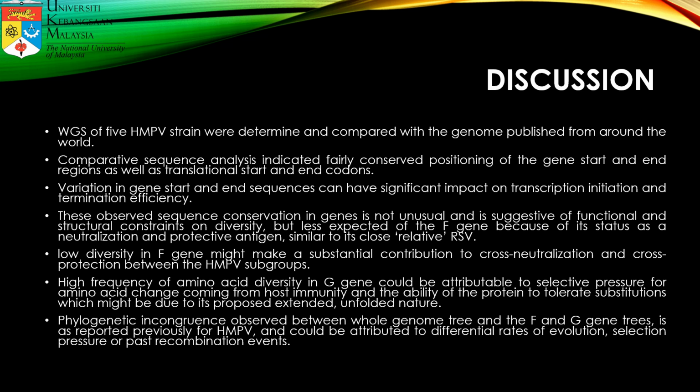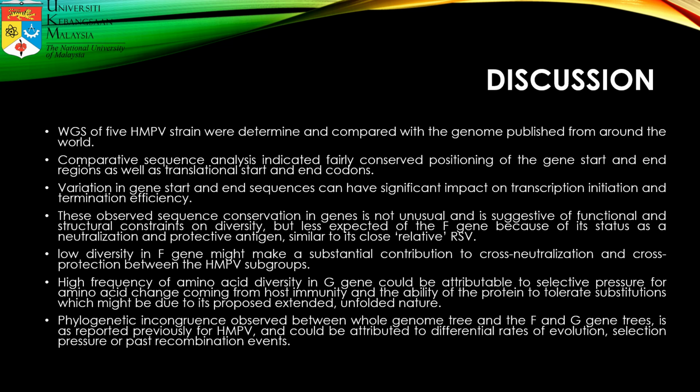The observed sequence conservation in the gene is notable and is suggestive of functional and structural constraints on diversity, and is less expected for the F gene because of its status as a neutralization and protective antigen, similar to its close relative RSV. And also for the F gene, it substantially contributes to cross-neutralization and cross-protection between the HMPV subgroups.